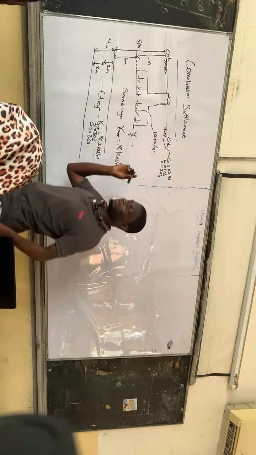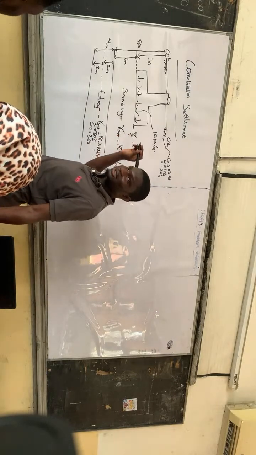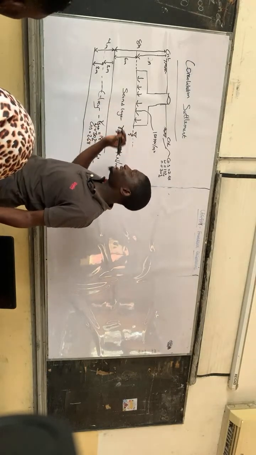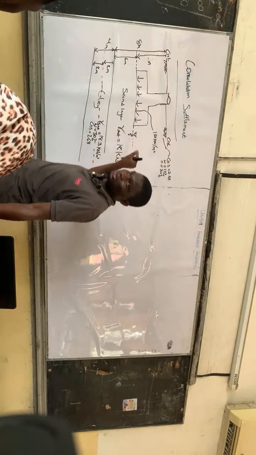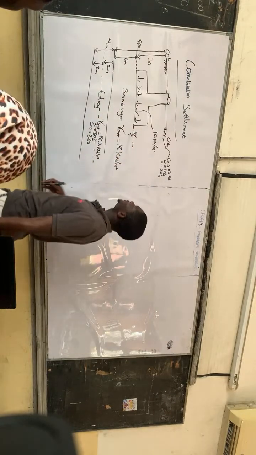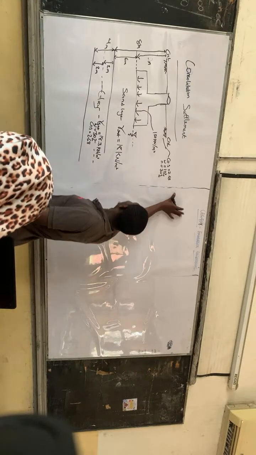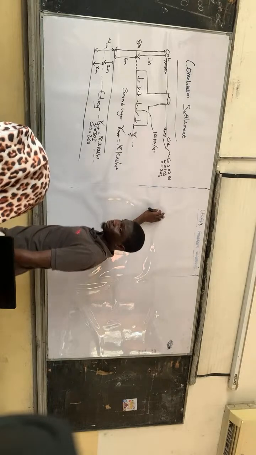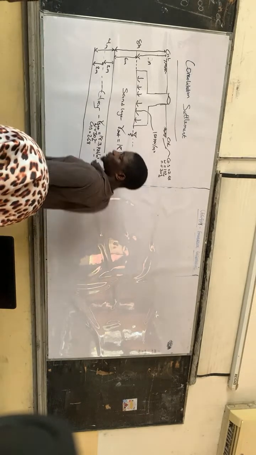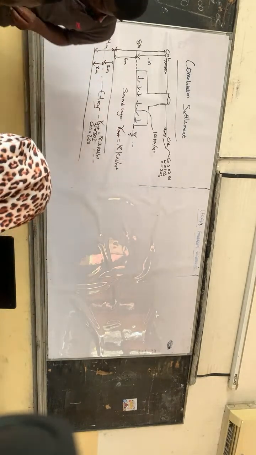They just reminded me that the water table is at 2 meters, and also the depth of the foundation is 2 meters. That is, the water table is at the base of the foundation. So can we just move on, please?